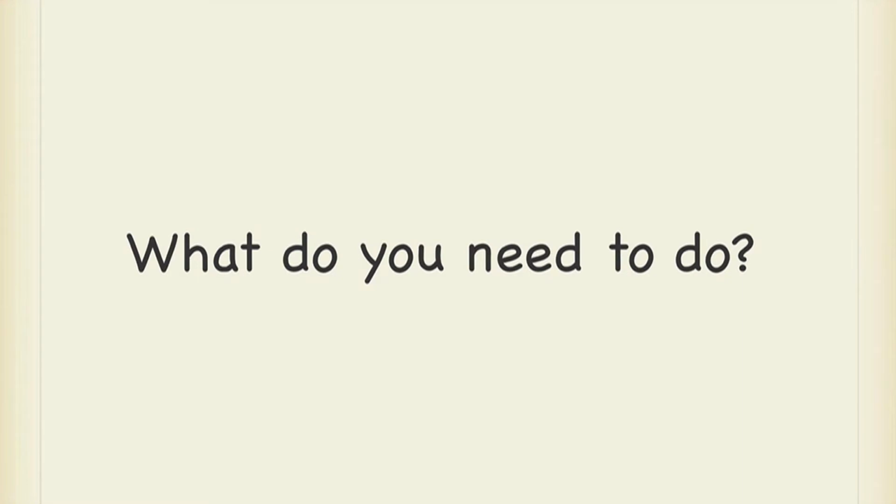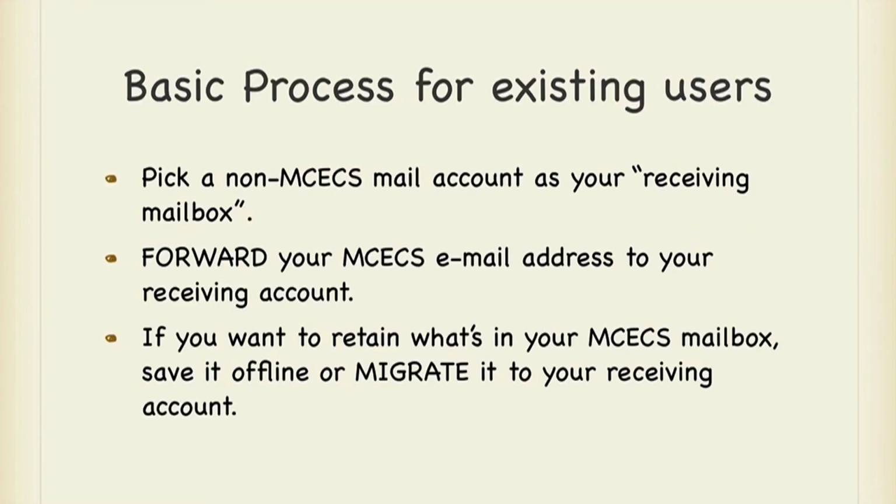So let's take a look at what you need to do. The basic process for existing users is pretty much as follows. You need to pick a non-MCECS mail account as your receiving mailbox. Then you need to forward your MCECS email address to this receiving account.